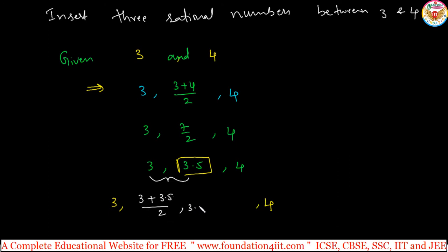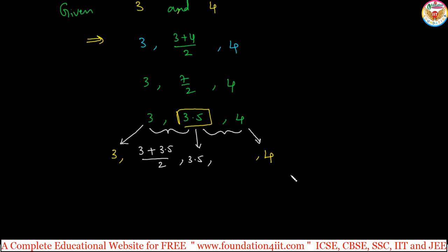The 3.5, the 3 and the 4 stay as they are, no change. Between 3.5 and 4 another number: 3.5 plus 4 divided by 2. Between whichever two numbers you want, just add both and divide by 2.